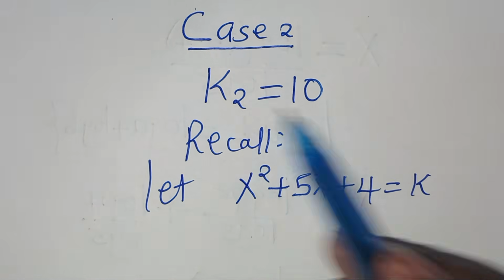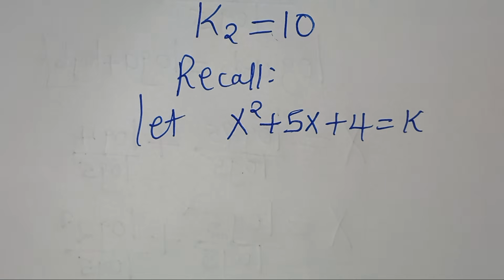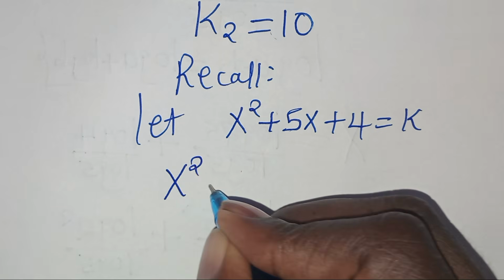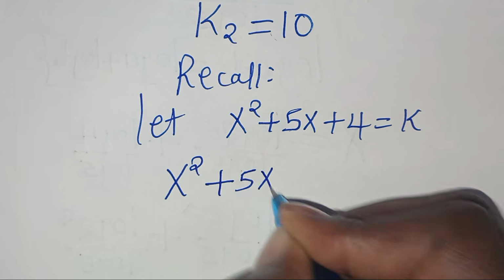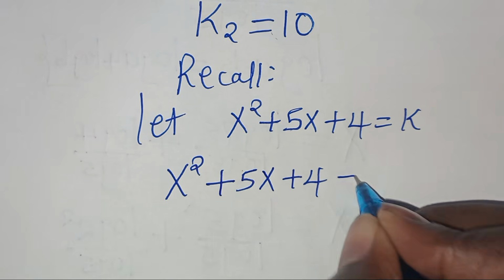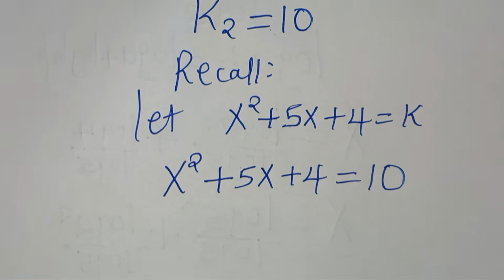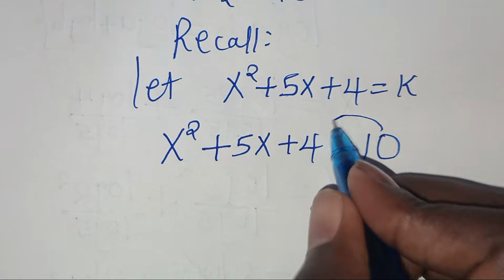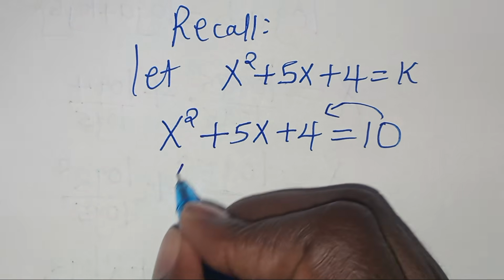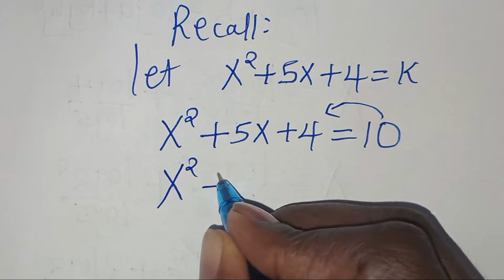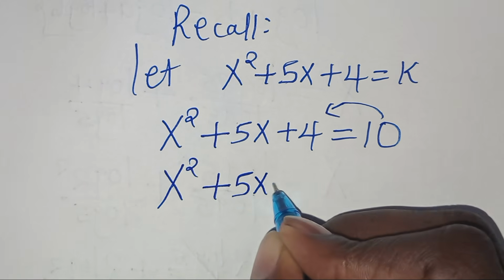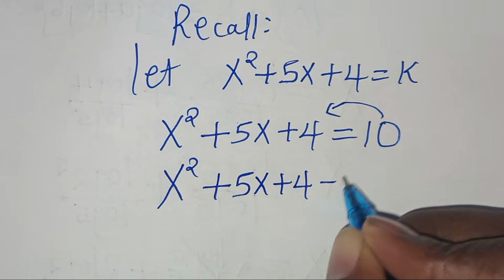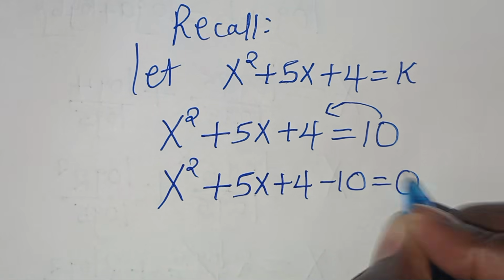So let's substitute k, which is equal to 10, so that we have x squared plus 5x plus 4 equal to 10. Now let's take 10 to the left hand side. So this means we have x to the power of 2 plus 5x plus 4 minus 10 equal to 0.